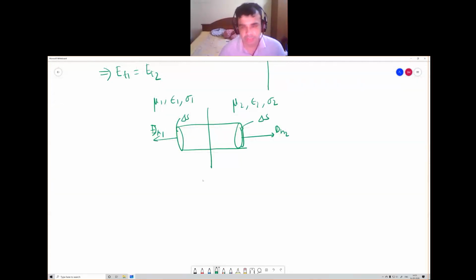So if we apply Gauss's law, then the closed surface integral of D dot ds is equal to Q enclosed.